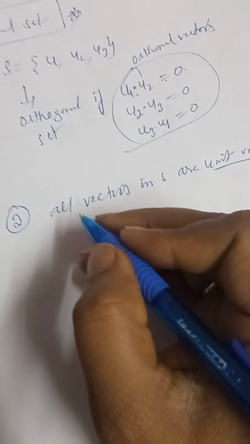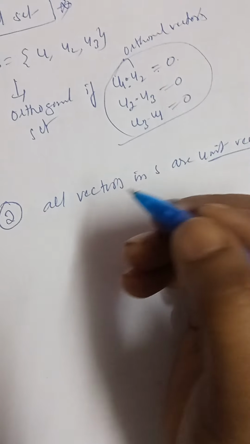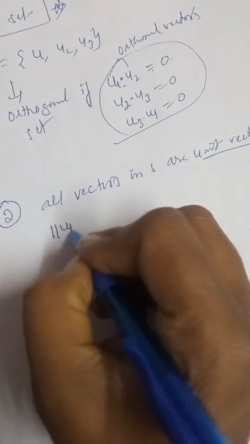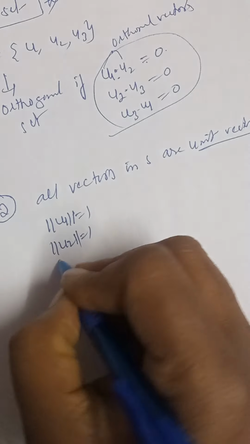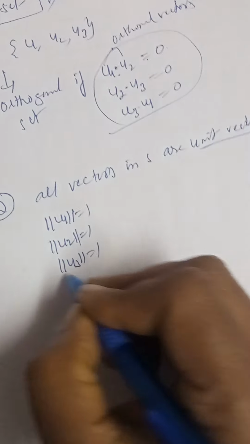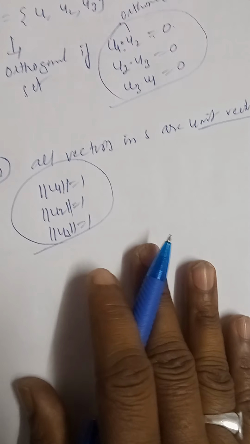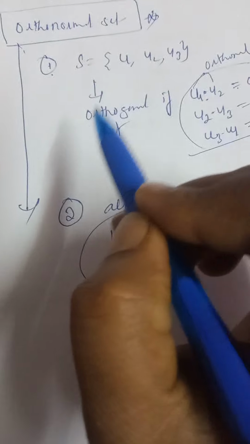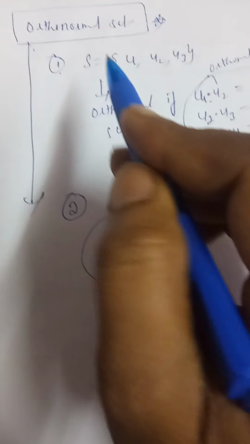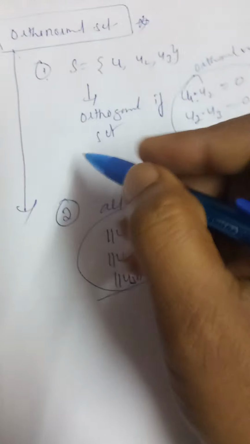A vector is said to be a unit vector if its length is equal to 1. That means norm u1 is equal to 1, norm u2 is equal to 1, norm u3 is equal to 1. Right? Now, what is the definition of orthonormal set? A set is said to be orthonormal if it is an orthogonal set and also the vectors are unit vectors.